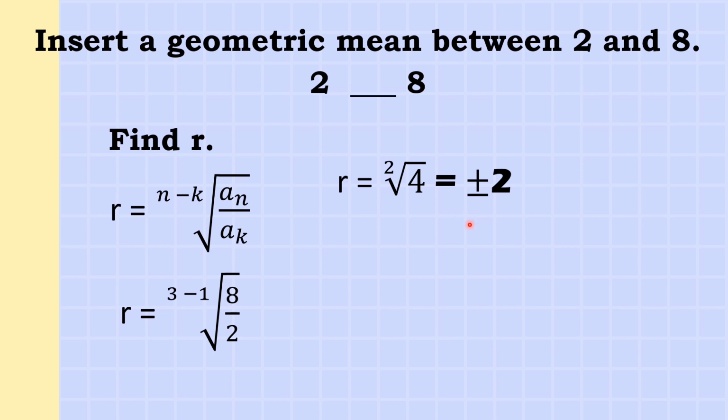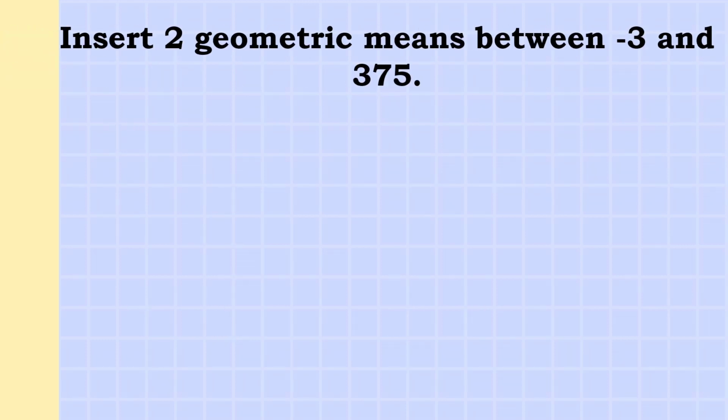If we use r equals positive 2, 2 times 2 is 4, 4 times 2 is 8. If we use r equals negative 2, 2 times negative 2 is negative 4, negative 4 times negative 2 is positive 8.